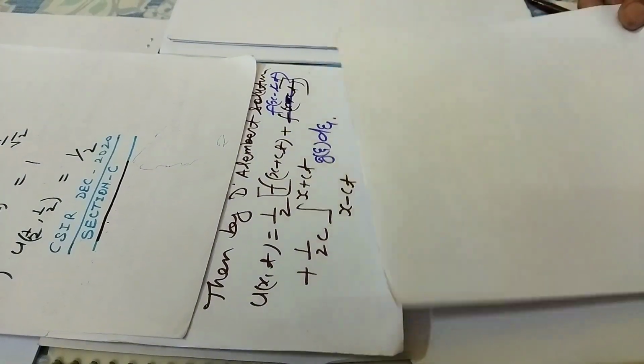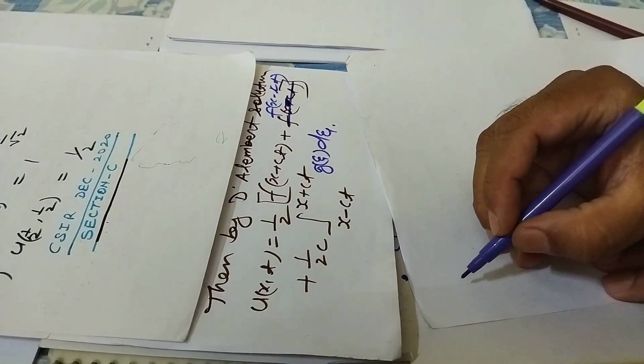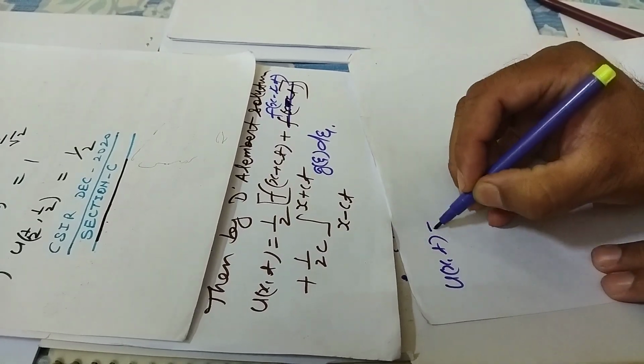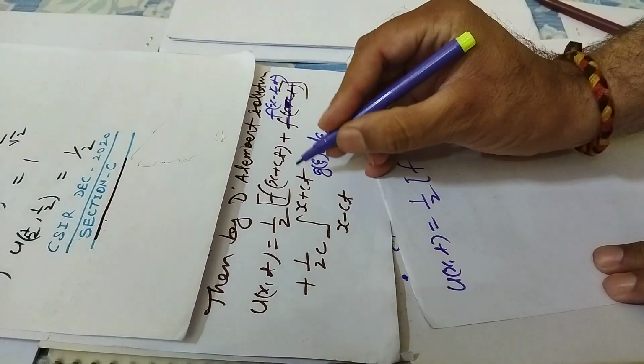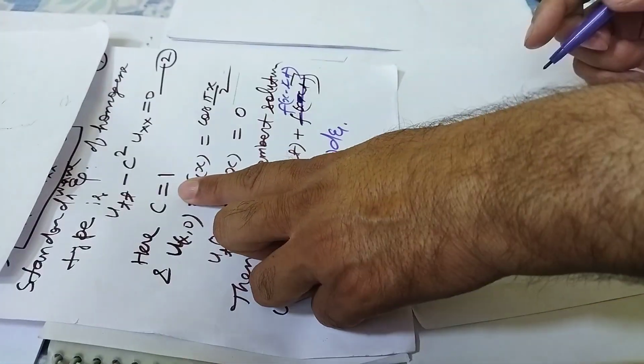We see, after this step, u(x,t) is equal to 1/2 [f(x+ct) + f(x-ct)]. As we know here, c is equal to 1.